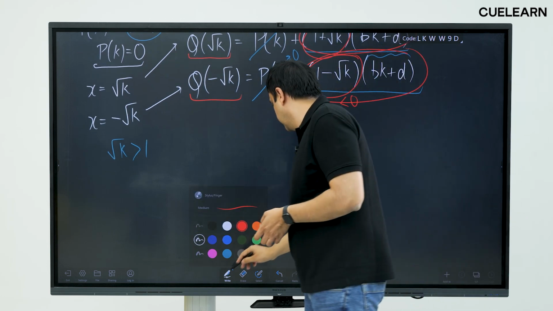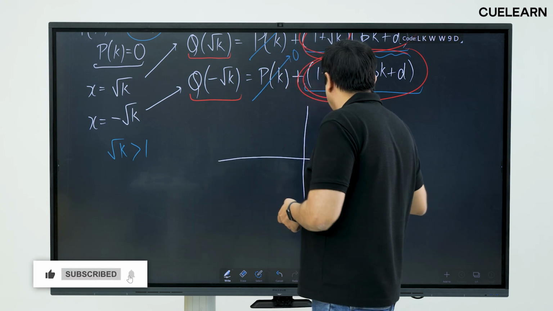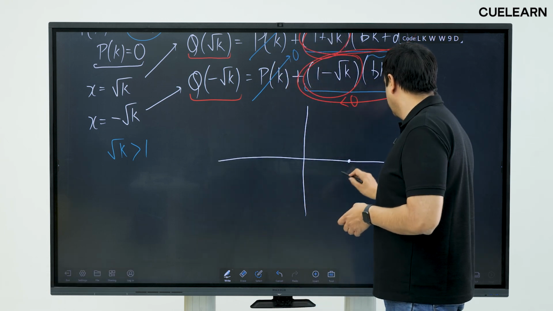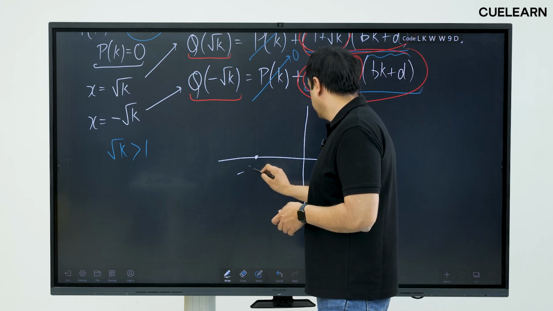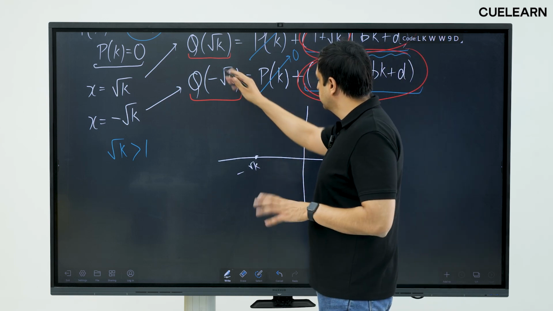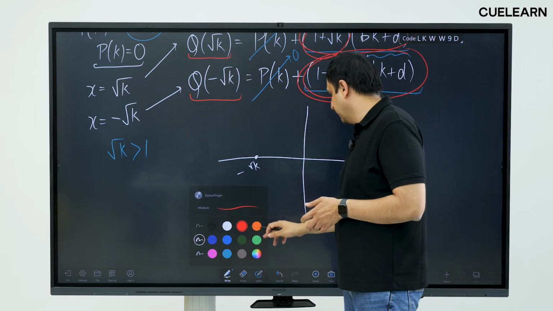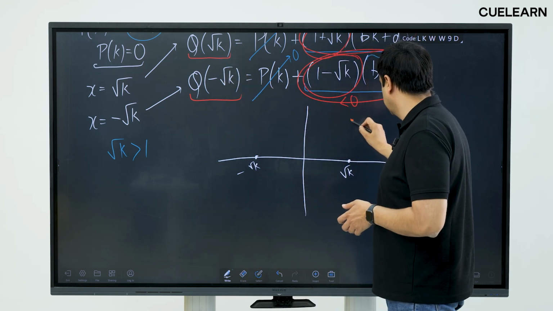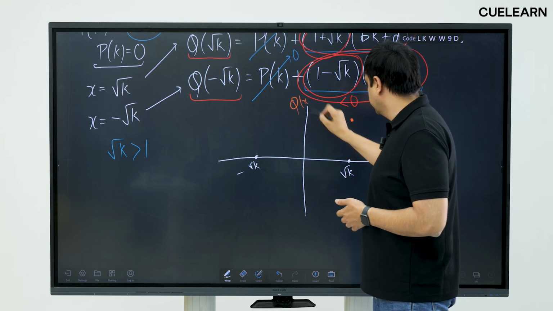Well, it means that if I were to draw the graph of q of x, let's say this is x equal to root k and this is x equal to minus root k, then q of root k is of one sign. Let's say q of root k is positive somewhere here, and I'm plotting q of x against x.